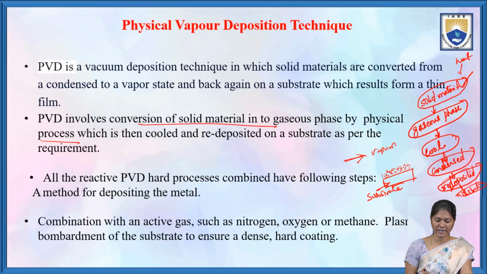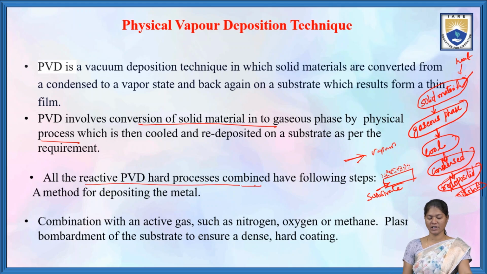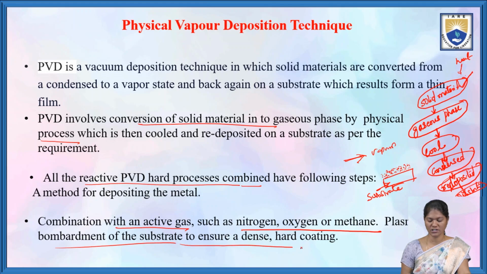So all the reactive PVD hard processes combine the following steps: a method for depositing the metal in combination with an active gas such as nitrogen, oxygen or methane, and plasma bombardment of the substrate to ensure a dense hard coating.